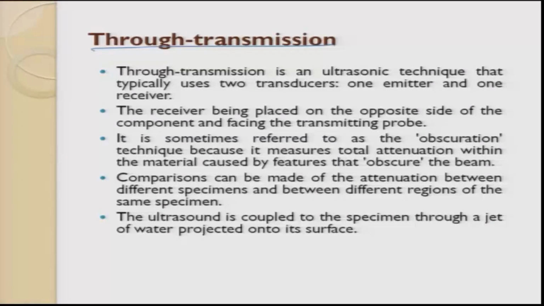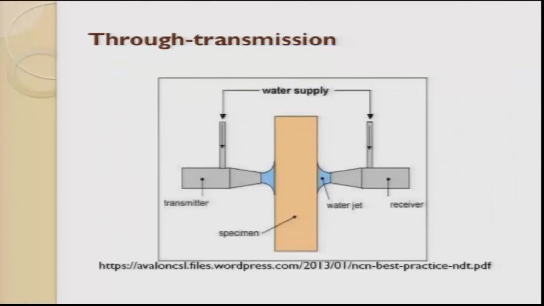Through transmission means you will have something like a pitcher and a catcher. If they are on the same side, then it is pulse echo. If the transmitter is on one side and the receiver is on the other side, this type of ultrasonic sensor is also used.